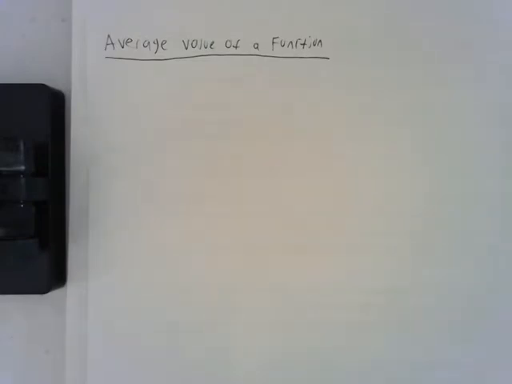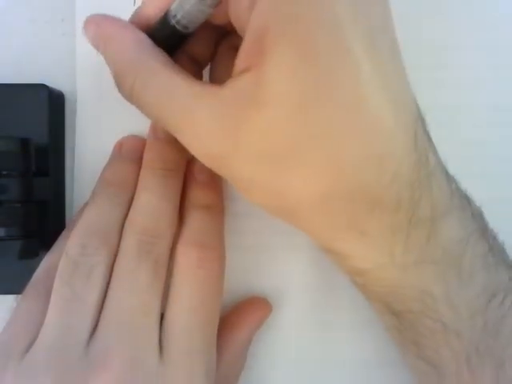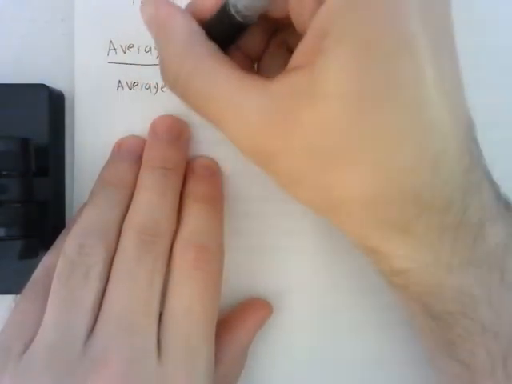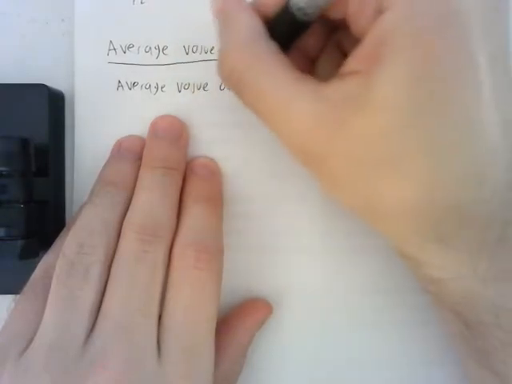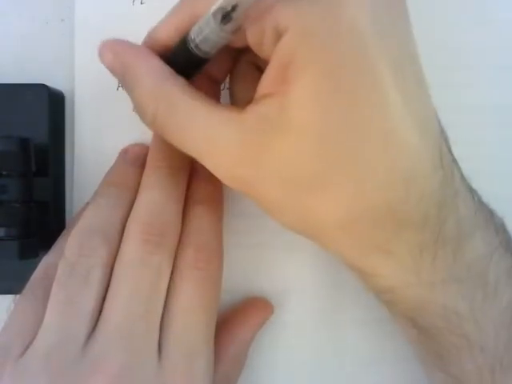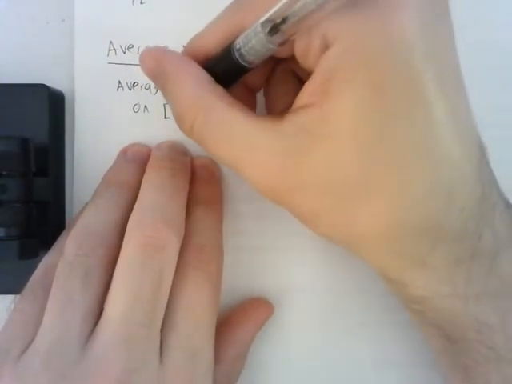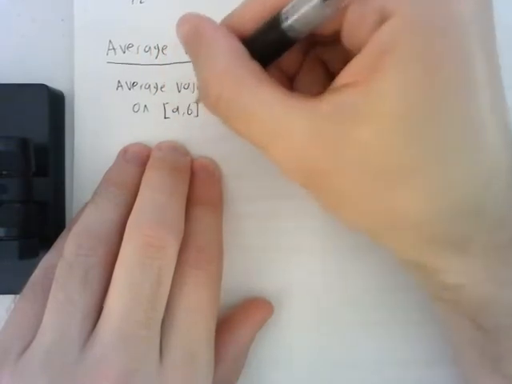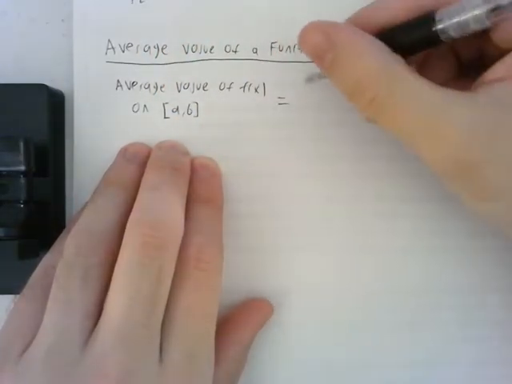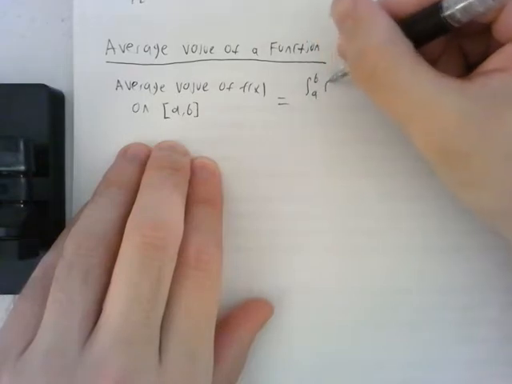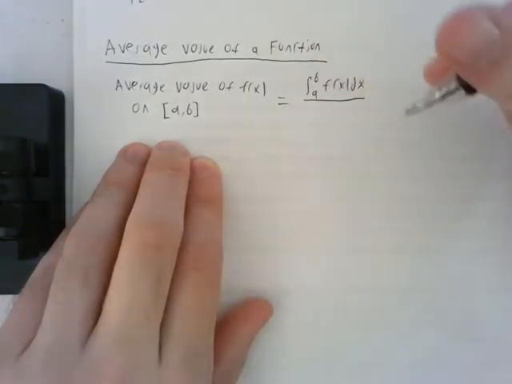But the end result is that the average value of f of x on the interval a to b is equal to the integral from a to b of f of x dx divided by the length of the interval, so b minus a.